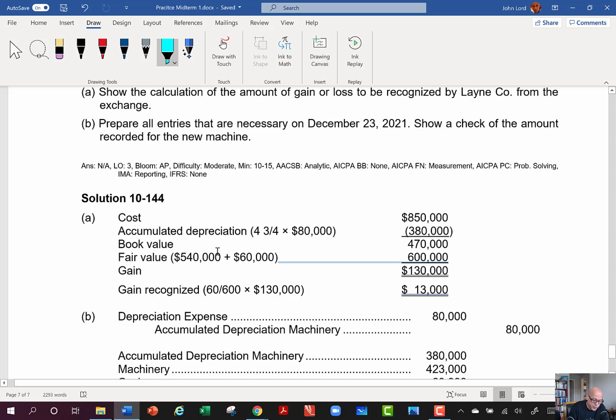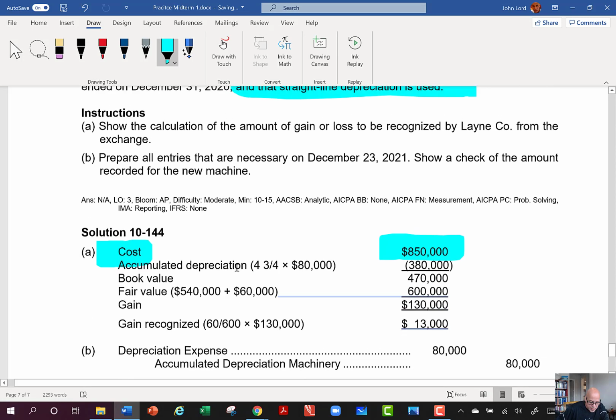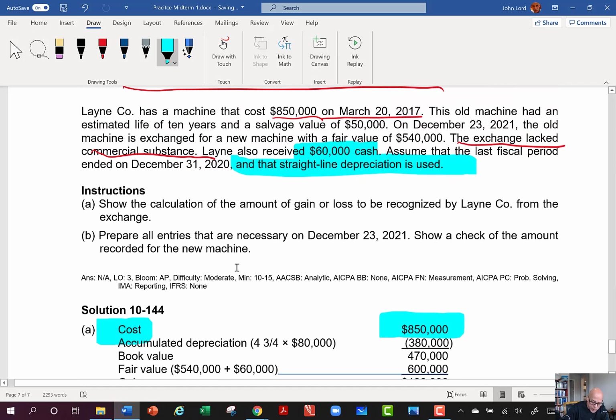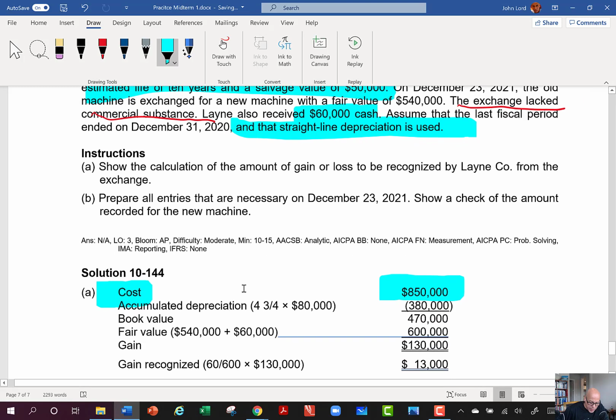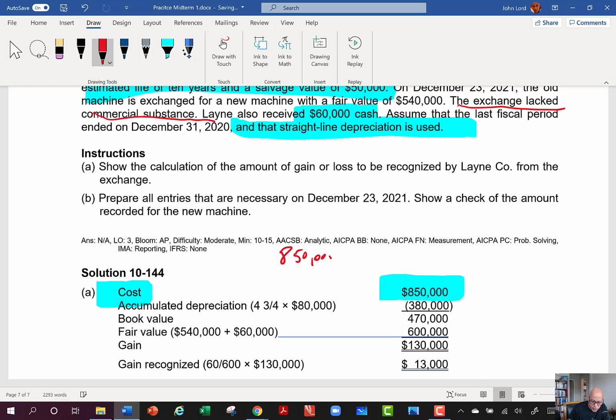Now, the old machine they got for $850. We were depreciating that straight-line, and they told me it had a salvage value of $50. So we're bringing in some other factors. It's not just asking you about a non-monetary transaction.